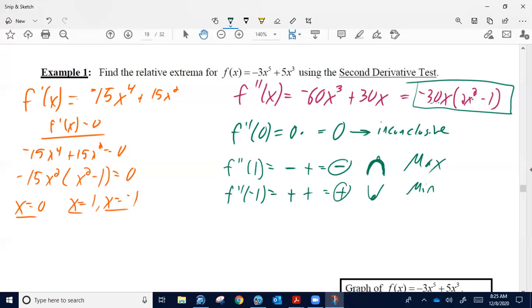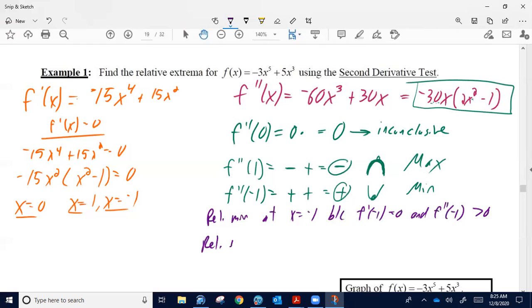Okay. If I want the y values that go with these locations, I have to plug back into the original. So we have a relative min at x equals negative 1 because f prime of negative 1 equals 0 and f double prime of negative 1 is a positive number.